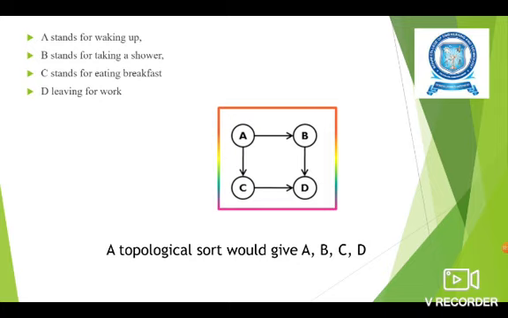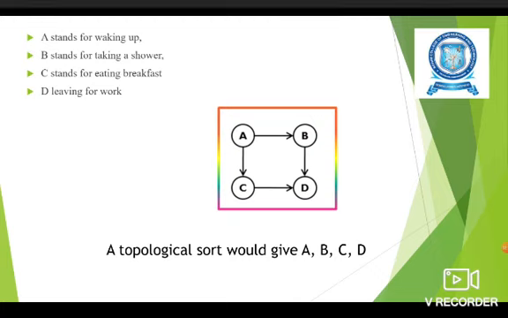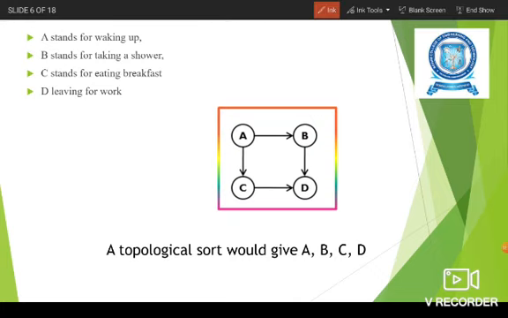Let us consider our day-to-day activities. A stands for waking up, B stands for taking a shower, C stands for eating breakfast and D stands for leaving for work. Can you order them? So A before B. That is, before taking a shower, you must wake up.